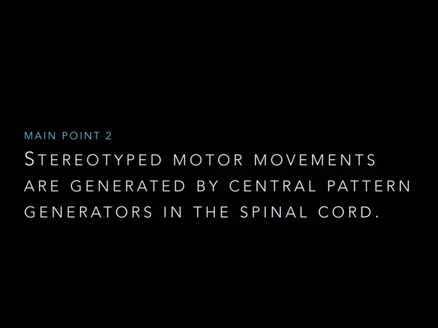Let's move back a bit though and talk about what's going on in the spinal cord to allow the activation of the correct muscles. Because our spinal cord actually has some processing power. This is a part of the central nervous system. Okay, it's not just a simple input-output. There are what we call central pattern generators that are there to help create stereotyped motor movements.